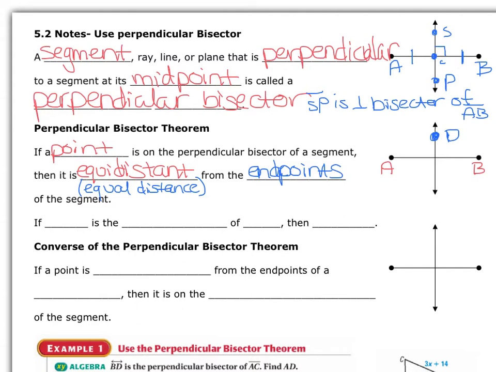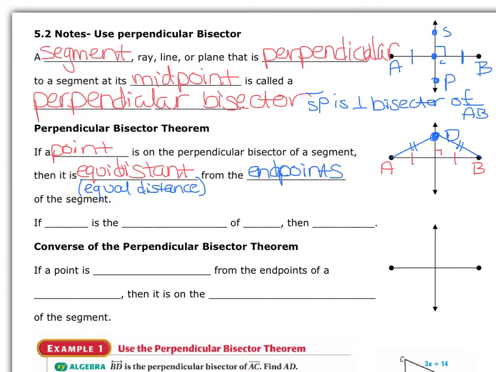So basically, if this is a perpendicular bisector, then we know that from A to D is going to be equidistant from B to D. So this length AD is congruent to BD.